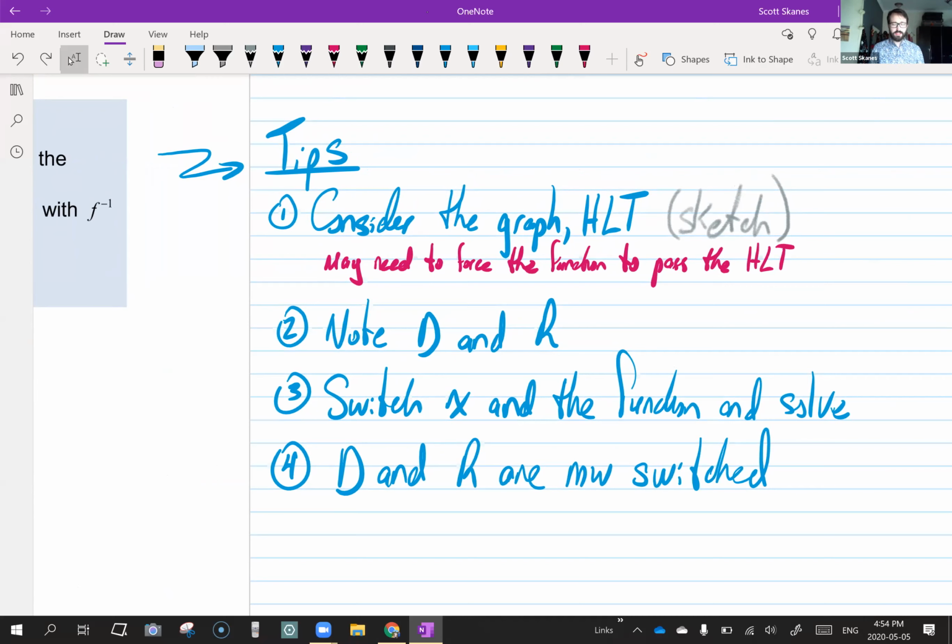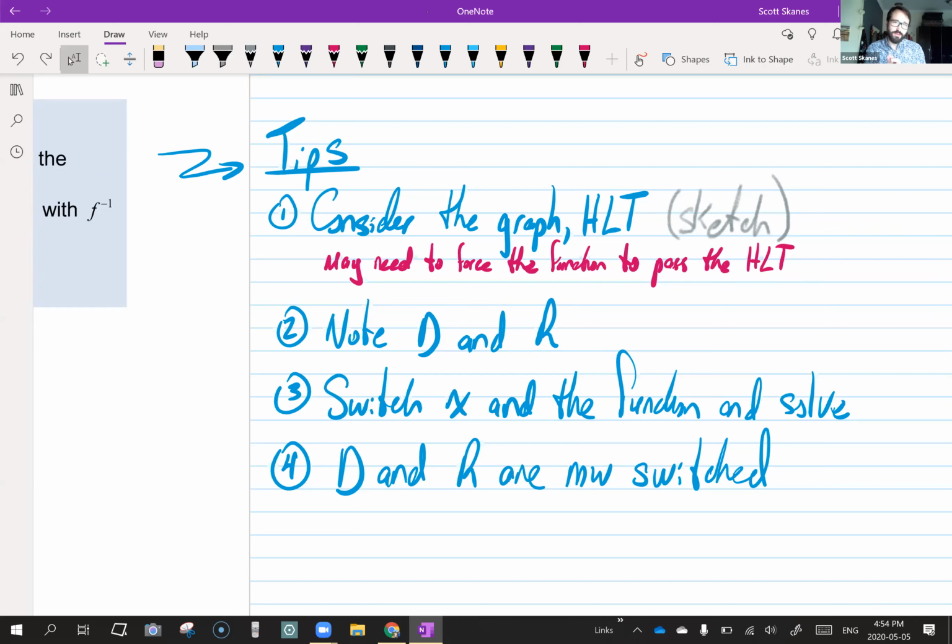First thing you do is think about the graph. You can either sketch it or just imagine it and think, would this pass the horizontal line test? If it does, then we can move on to the next step. The second thing we do is make a note of the domain and range. Is there anything wrong with the domain? Do we need to restrict the domain? Is there anything wrong with the range?